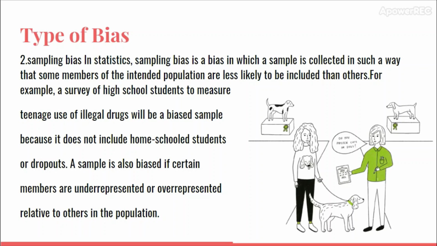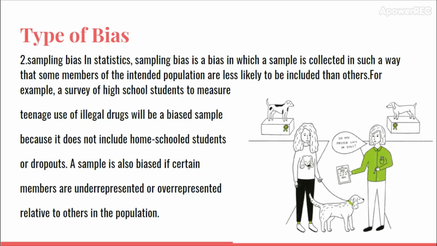For example, you go to a restaurant that only serves seafood, and you ask the people there, hey, do you like seafood? That's kind of bias, right? In math we call it sampling bias. That means you are focusing on only one group.